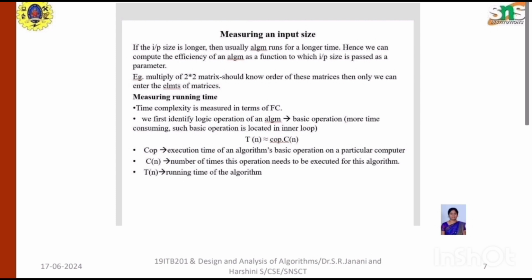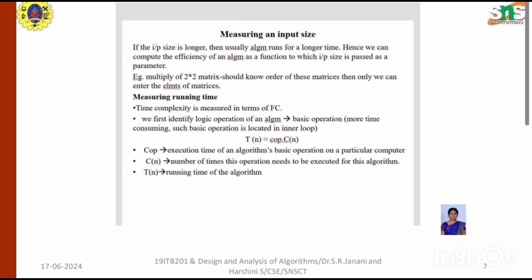So its time complexity is measured in terms of C of n, and we first identify the basic operation, that is step 1 of an algorithm. We have to determine the more time consuming operation, like how much it is located in the inner loop and how much time it consumes.